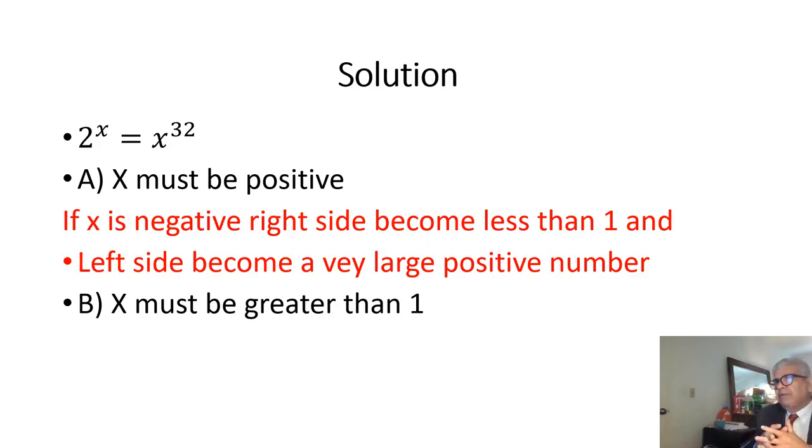However, if x was 0.5, the right side would be 0.5 to the 32, which is going to be a number much less than 1. And it is impossible for these two to be equal. So logically, even if he hadn't told us x is an integer, we could conclude that it cannot be a number less than 1.